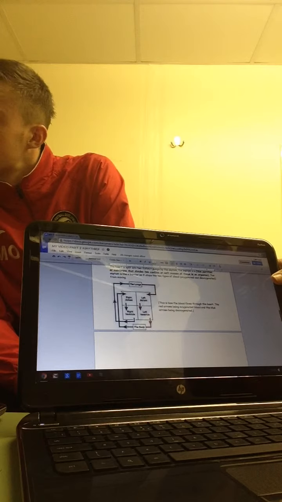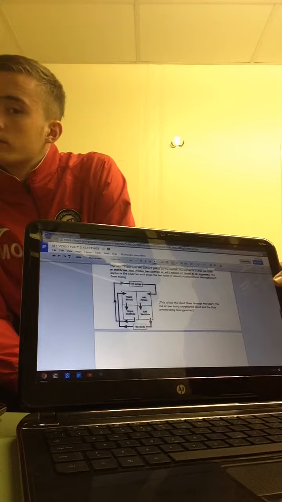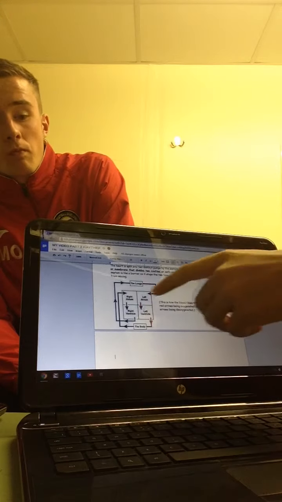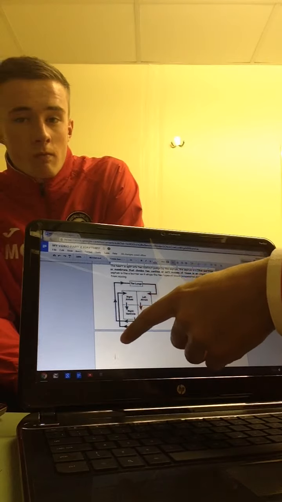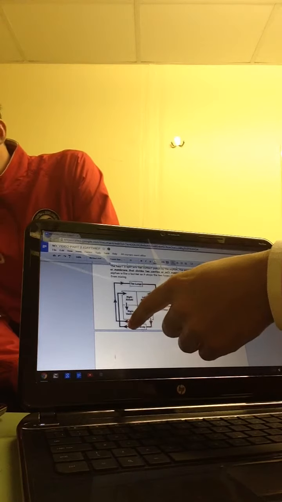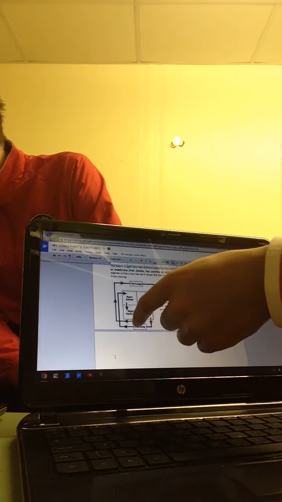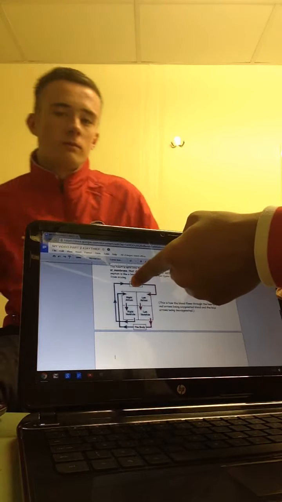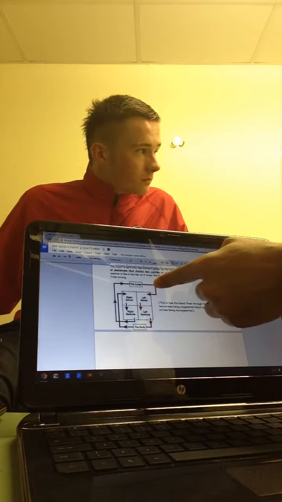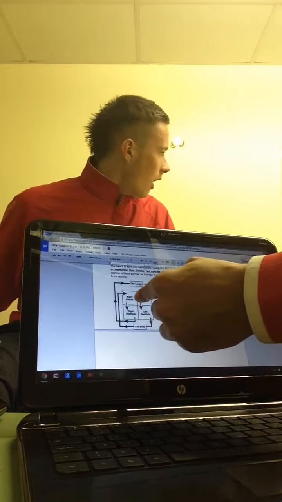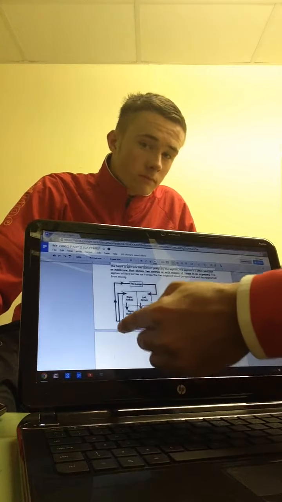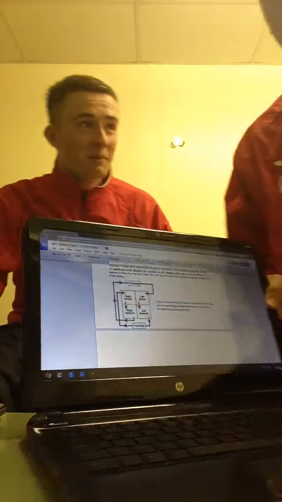The red arrows obviously being oxygenated blood, and the blue arrows being deoxygenated. Deoxygenated blood is coming from the right ventricle up into the lungs, and then the lungs turning it into oxygenated, coming back through the left atrium, through the left ventricle, and then around the body, and then it's like a circle diagram, really.